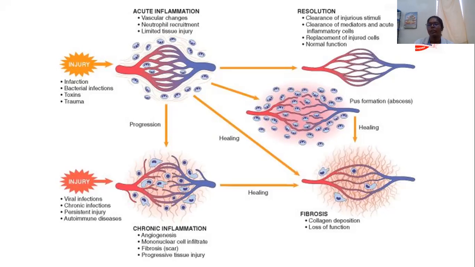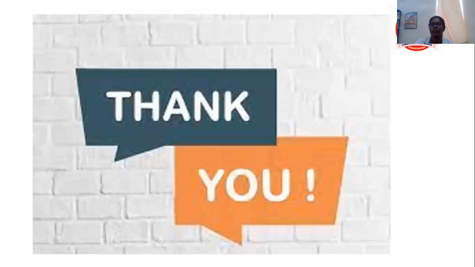Sometimes it can go for abscess formation, that is pus formation. It can even go for healing by fibrosis, by the deposition of collagen. Even if there is persistence of the infection and any disturbance in the healing process, then it can go for chronic inflammation. So this is the outcome of acute inflammation.